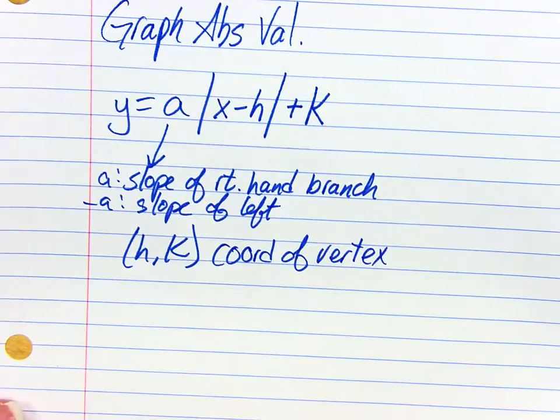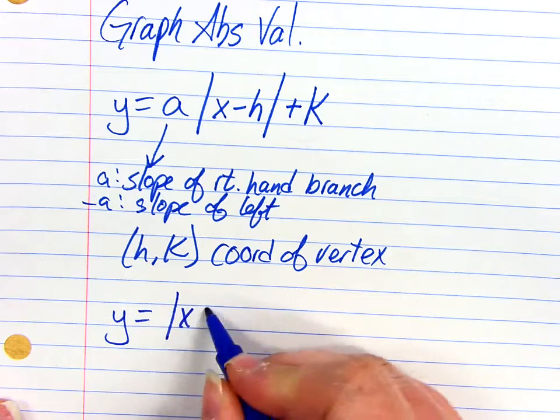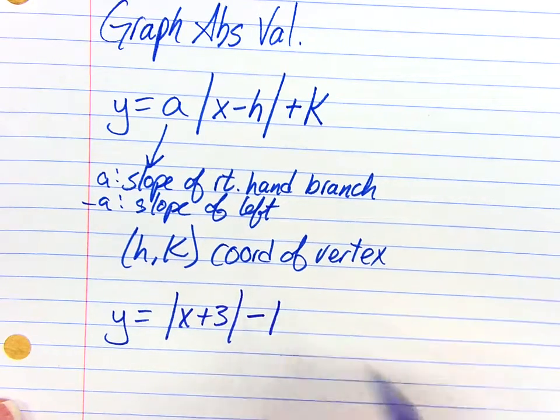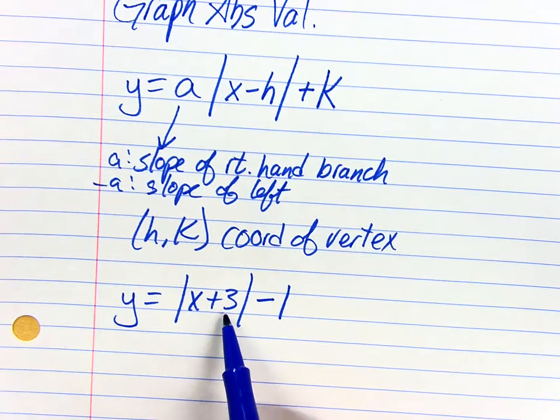So, very quickly, if I wanted to graph something like y equals absolute value of x plus 3, minus 1. There's no number in front here, so what number is really there? A 1. So that just means I'm going to have a normal V shape.